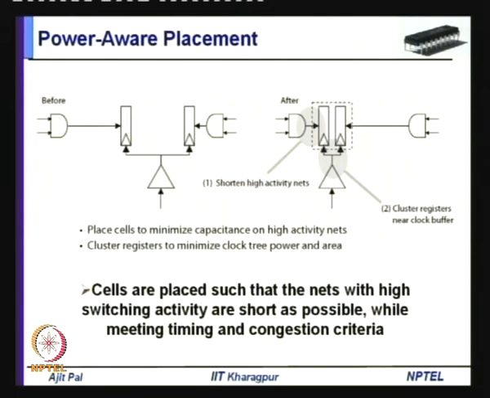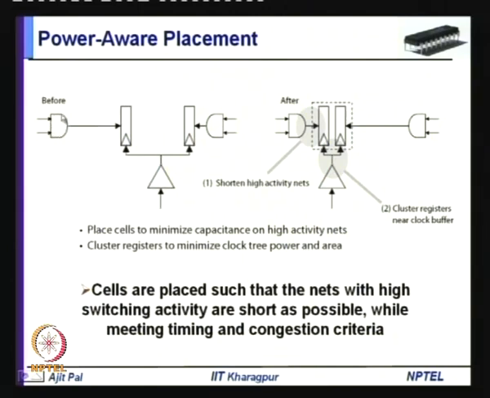Okay. Now, another very interesting aspect is the placement. I have already told about relative placement of the clock gating hardware and the buffers. So, here you can see this is an unoptimized circuit.